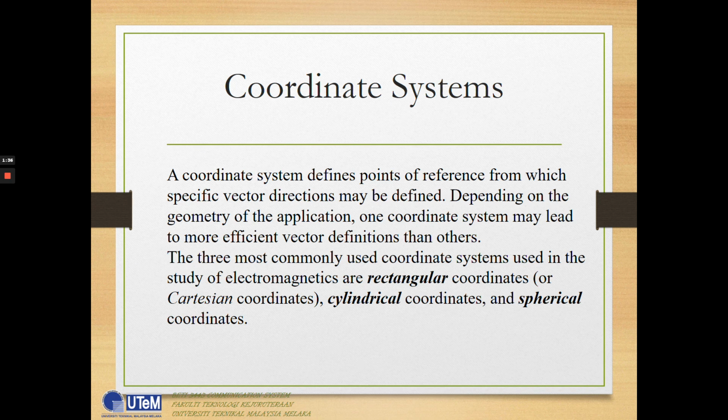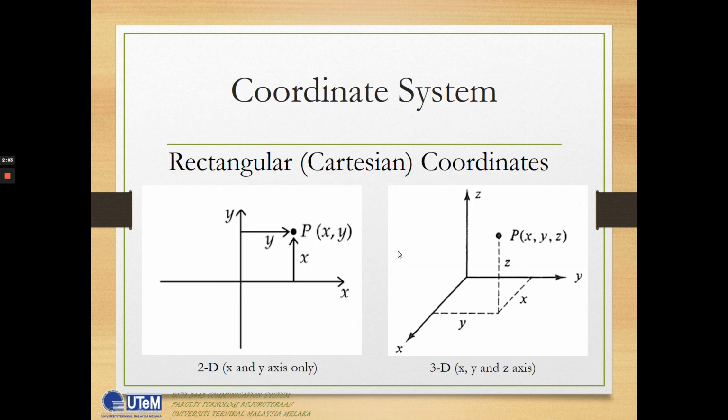But apart from that, there are 2 more different coordinate systems also, which is the cylindrical coordinate system, and also we call it the spherical coordinate system. So there are basically 3 different coordinate systems: rectangular, cylindrical, and spherical. This all we know actually.